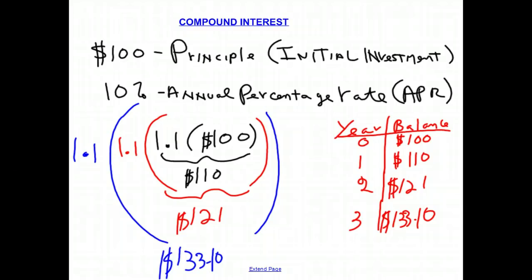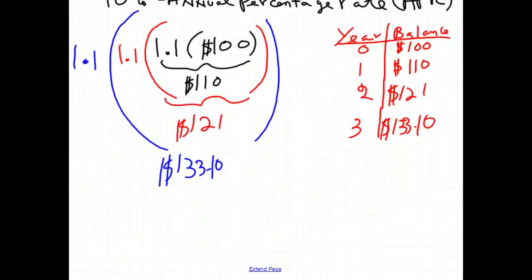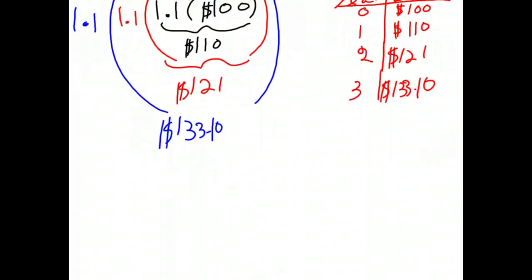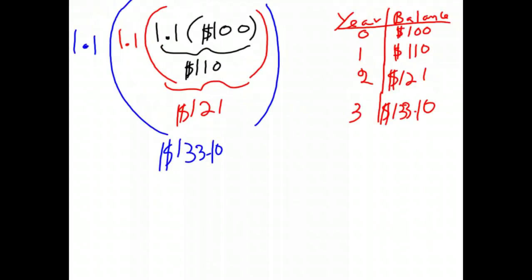But let's look at the pattern that we've seen here. Let's move some of this up a little bit, so we have room to work. And we should notice what we've done. We took $100, which was our initial investment or our principal, and we multiplied that by 1.1, but not one time, not 2 times.